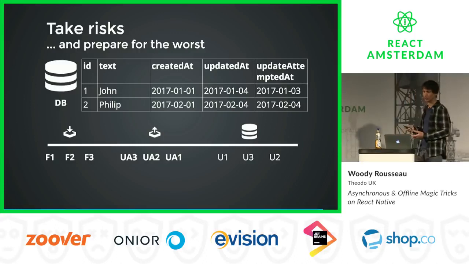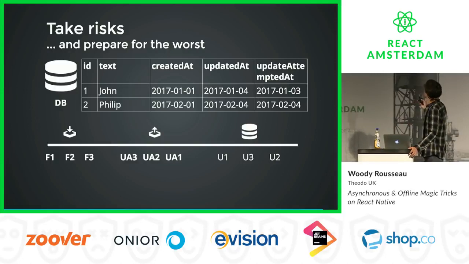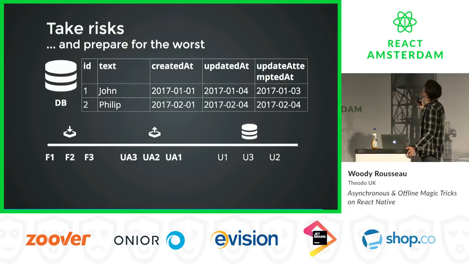If you, however, want to trust the client, because it doesn't matter in that use case, you can just store, this is created at and updated at, which are quite classical in databases, but you can also store a column holding the update attempted at, which matches these timestamps. And in that case, you're going to be able to handle other strategies.